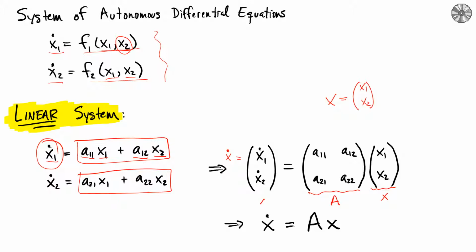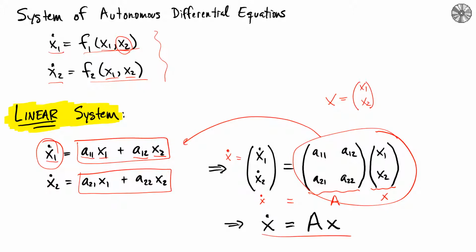So we have x dot equals A times x. If you multiply these out, it's worth pausing the video and doing so, and you'll see that after you multiply this matrix by this vector, you get exactly this form. That means any linear system of autonomous differential equations can be written in this matrix form, just like this.